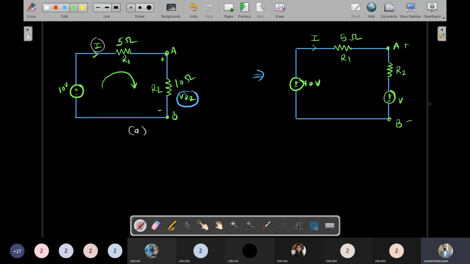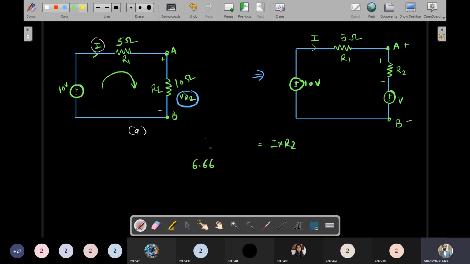So you can take like this way. Suppose you are considering this one plus minus, and you consider this I into R2. We already know, suppose we want to make this voltage drop 6.66 actually.